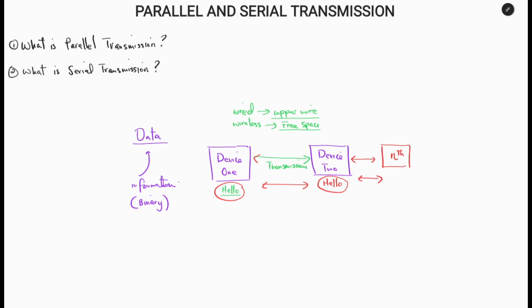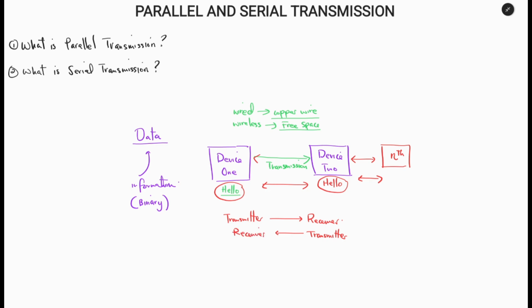And when device 1 is sending out information, it is regarded as a transmitter. And if it is sending to device 2, device 2 is regarded as a receiver. Similarly, if device 2 wants to send information to device 1, it can be regarded as a transmitter, and device 1 can be regarded as a receiver.